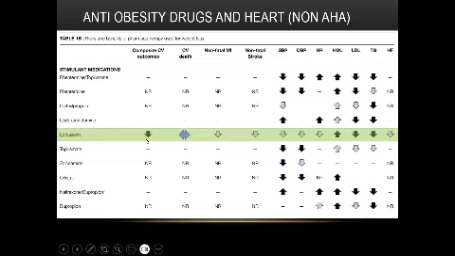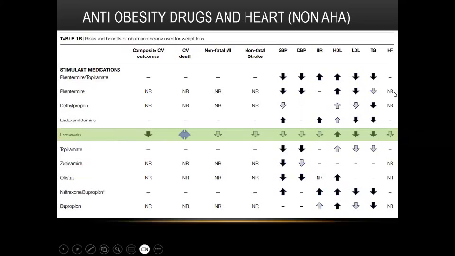The lorcaserin is reducing the composite cardiovascular outcomes, and it reduces non-fatal MI and non-fatal stroke. It can slightly increase the LDL cholesterol, and also you have a significant cardiac benefit. So if at all you want to use a drug for weight reduction in a cardiac patient, it is likely to be lorcaserin and not any other.